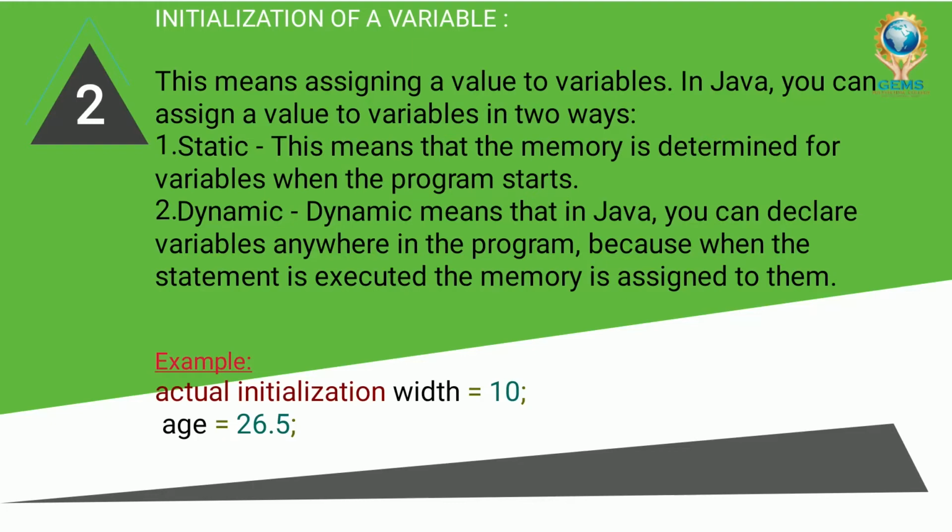Next, initialization of a variable. Initialization of a variable means assigning a value to a variable. In Java, you can assign a value to variables in two ways. So we will see what is the meaning of initialization. Initialization is nothing but assigning values to the variables.